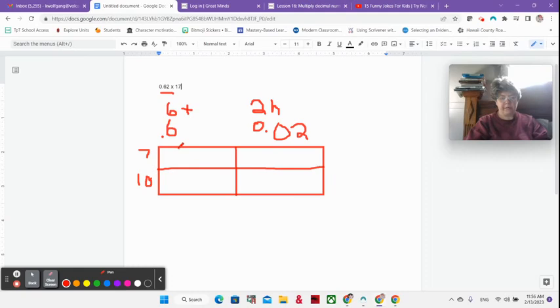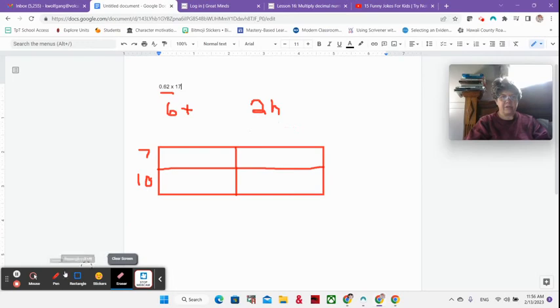It does help to do it in unit form, because then when you're down here, you're looking at whole numbers rather than decimals. So I think that's the way we should go. I'm just going to erase my 6/10 here so it's not confusing, and we're going to use unit form, 6/10 and 2 hundredths.